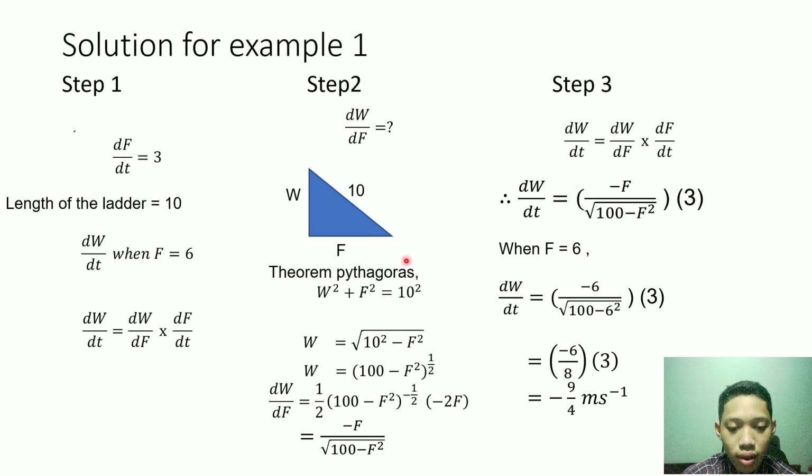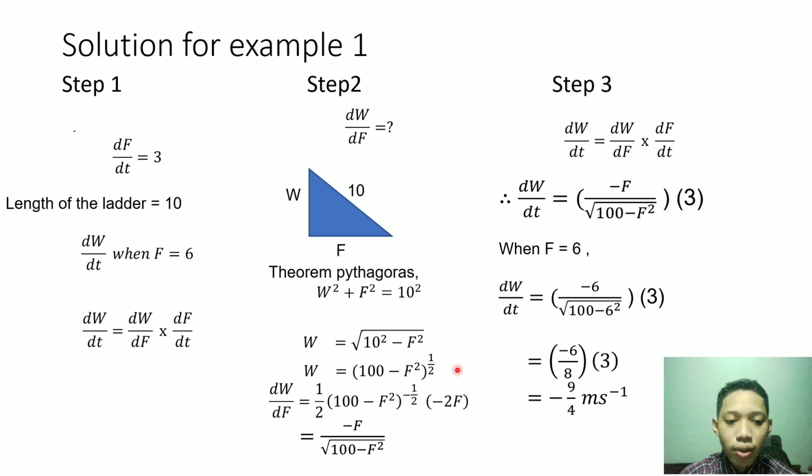So the equation is w power of 2 plus f power of 2 equals 10 power of 2. And after that, w equals open bracket 100 minus f power of 2 close bracket power 1 over 2.